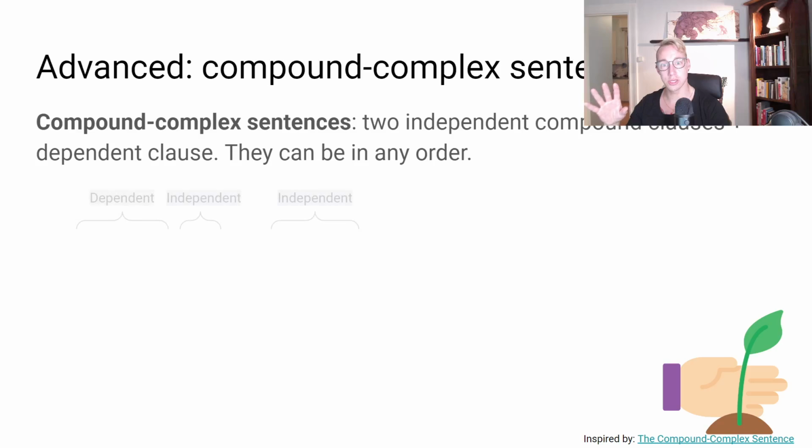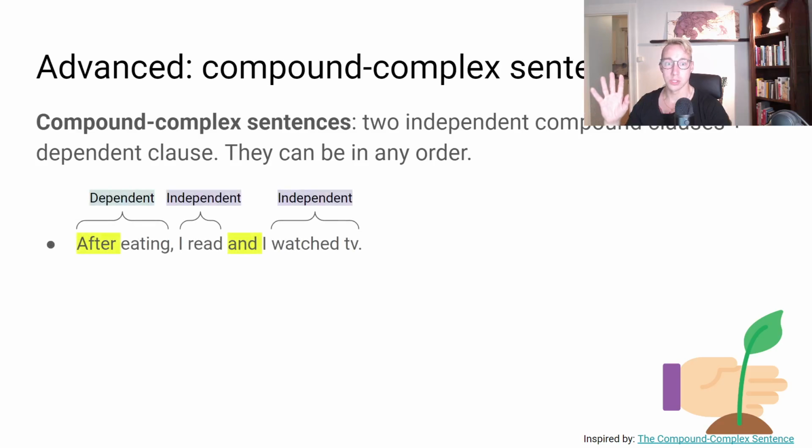So let's look at some examples here. As I just showed you previously, we're going to use the same words. We're going to say, "After eating, I read and I watched TV." Here we can see that the first part is a dependent clause, "after eating."